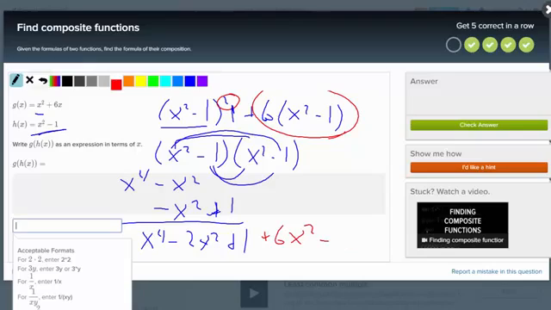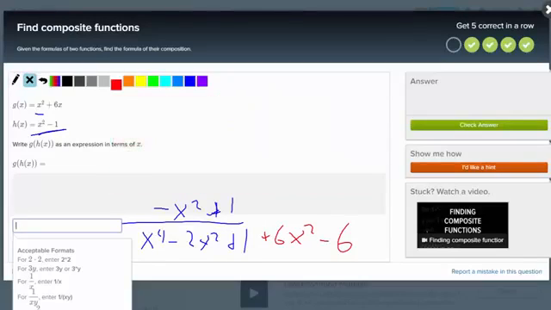Okay, now I got to combine like terms. Now let's clean this up just a little bit. So I have this. X to the 4th does not combine with anything else.